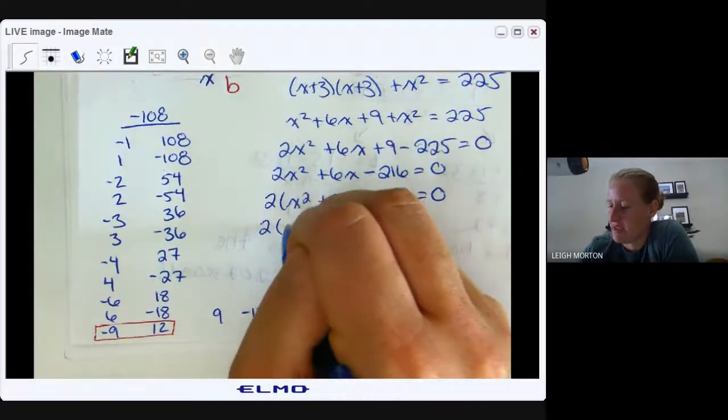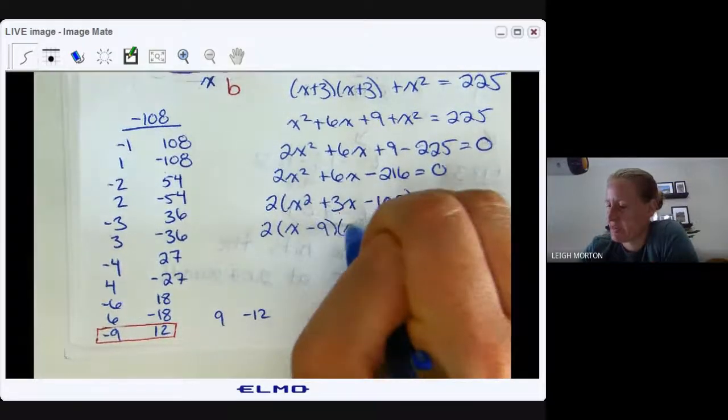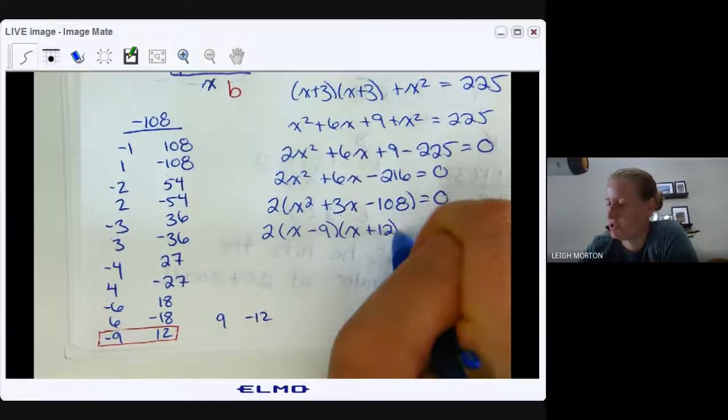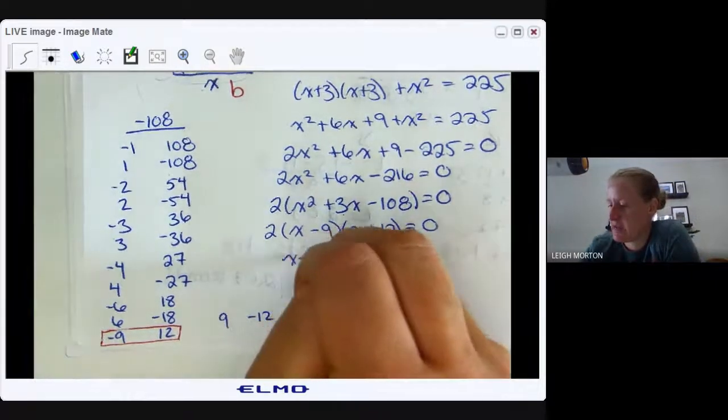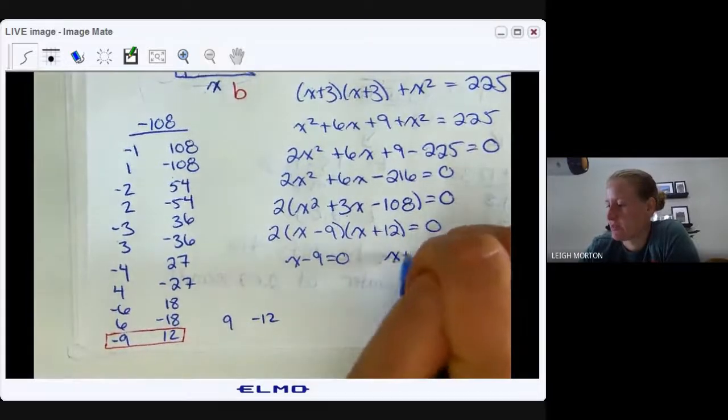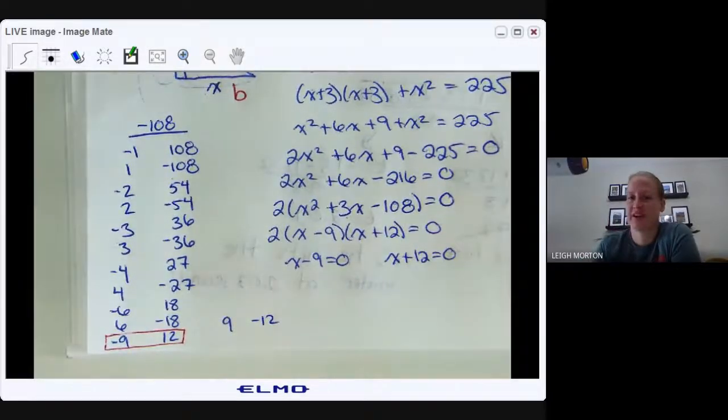That means x minus 9 times x plus 12 times 2 equals 0. Right, so that means that x minus 9 equals 0 and x plus 12 equals 0. Find x.